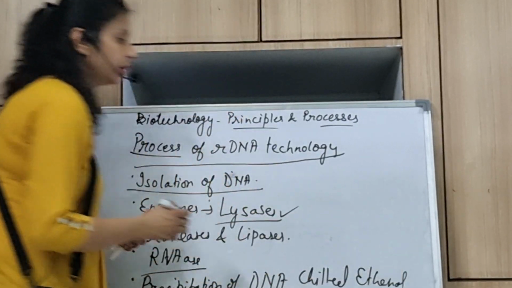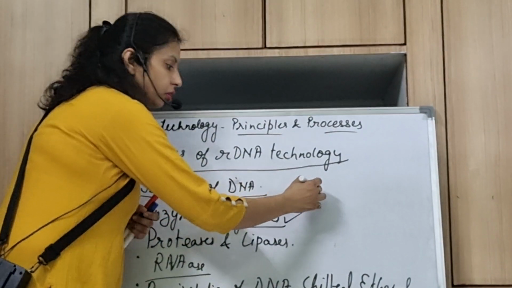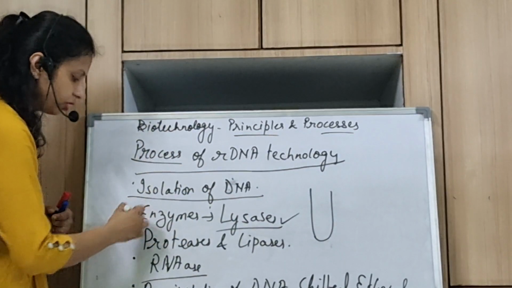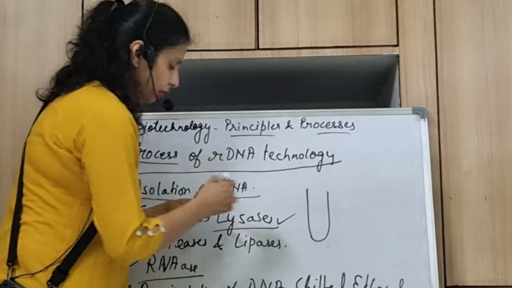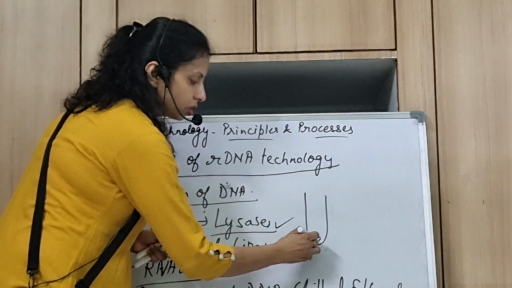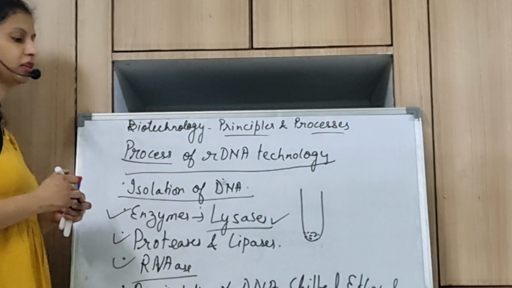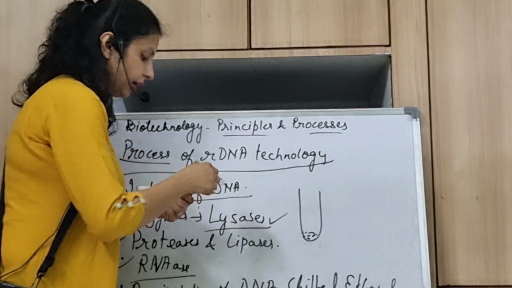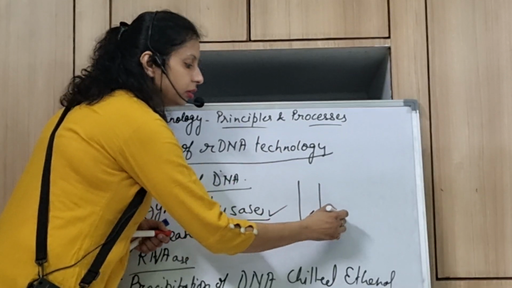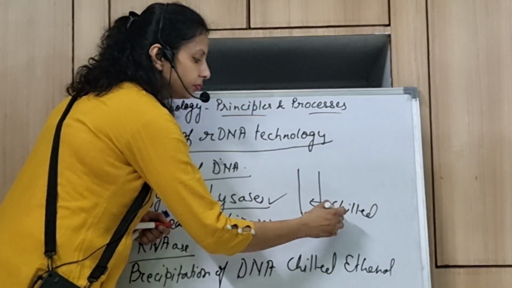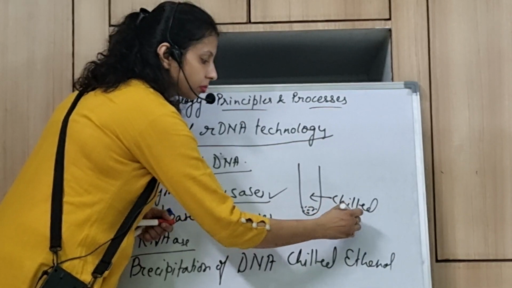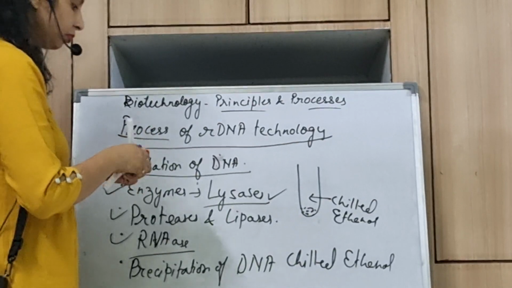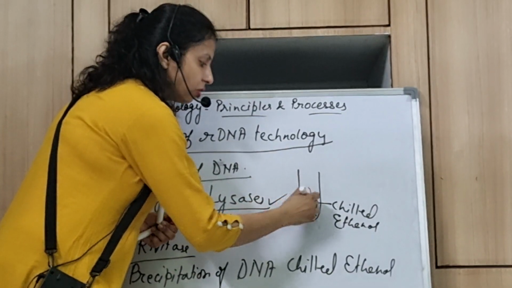So if we make use of chilled ethanol after making use of these enzymes, then if suppose this is our material from where we have to isolate DNA, then after adding the chilled ethanol, DNA precipitates out like a mass of thread.